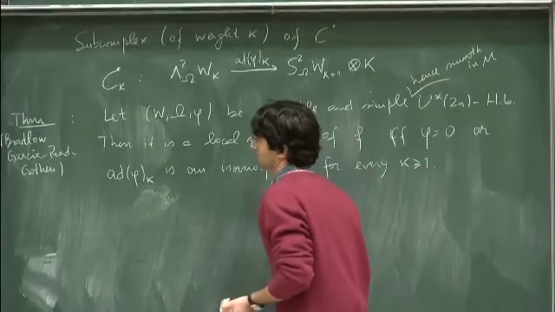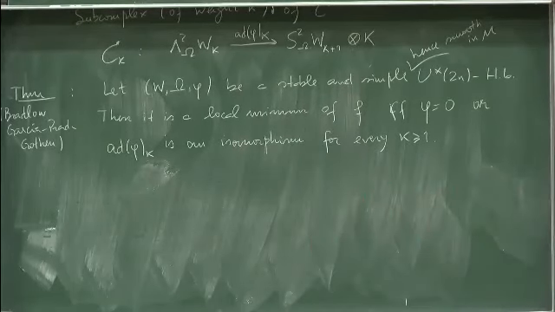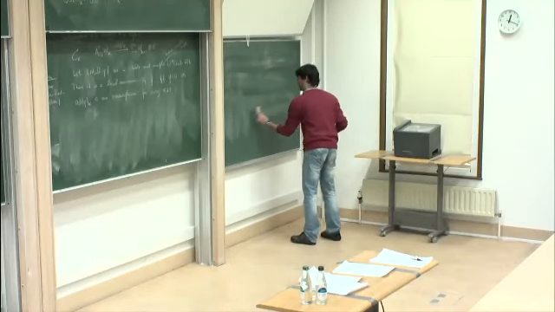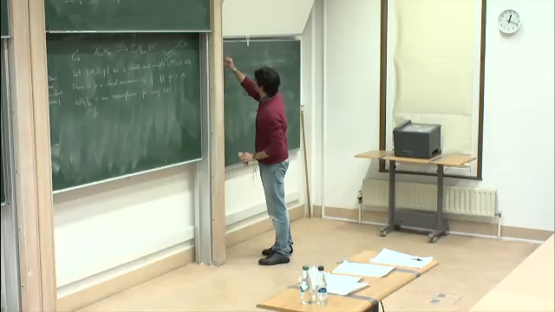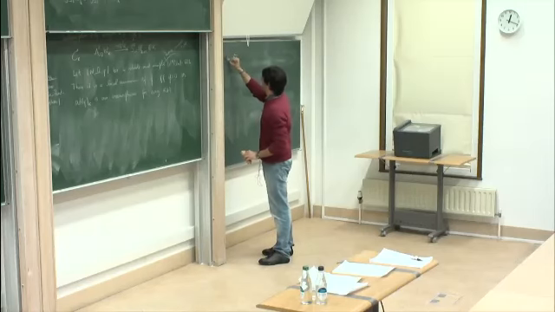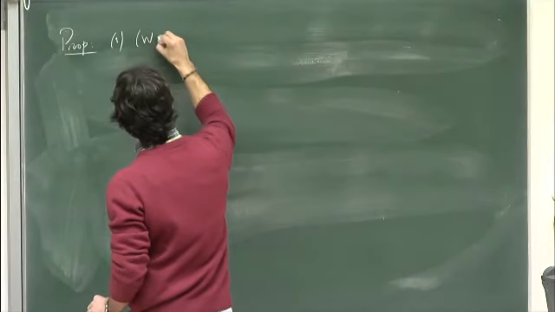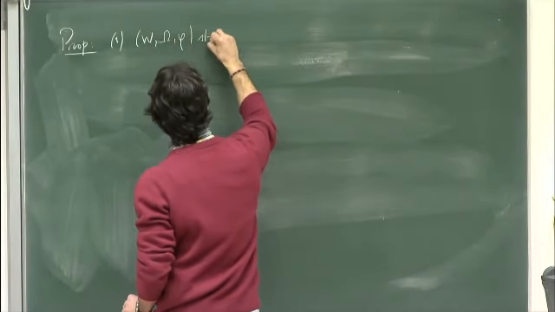And so that's what we did. We proved that, let (W, omega, phi) be stable and simple.